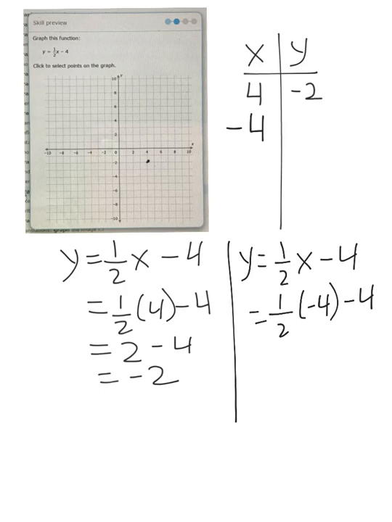So 1/2 of -4, when we have positive times a negative, it's going to be negative, is -2, minus 4. We know that -2 minus 4 is -6. So y equals -6. So if we go over to -4 and down to -6, just in there.